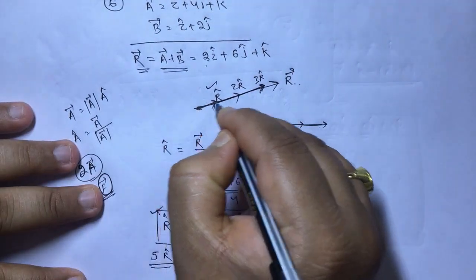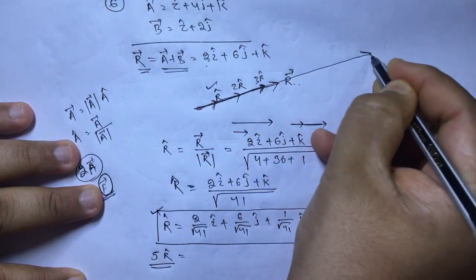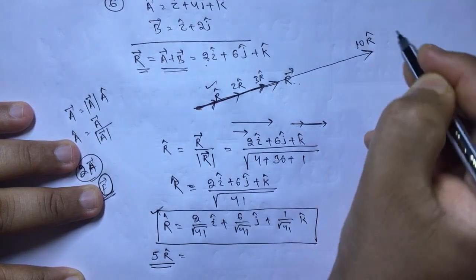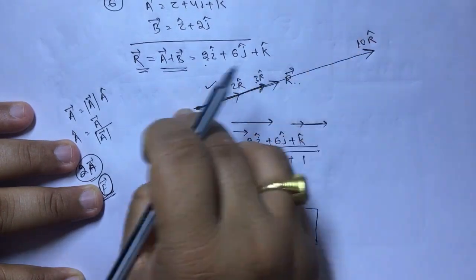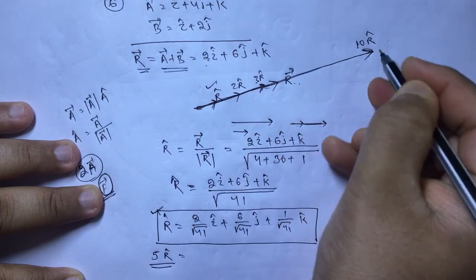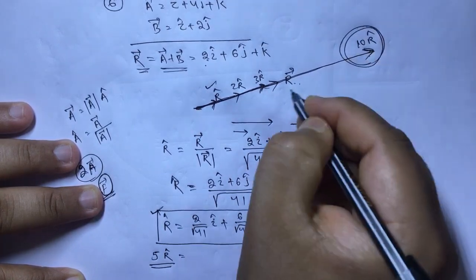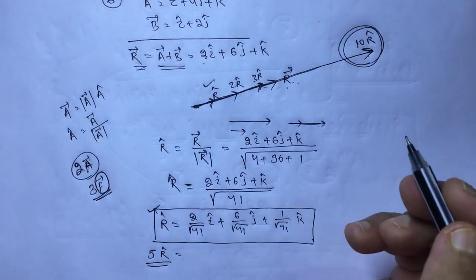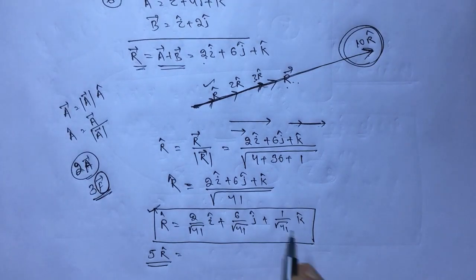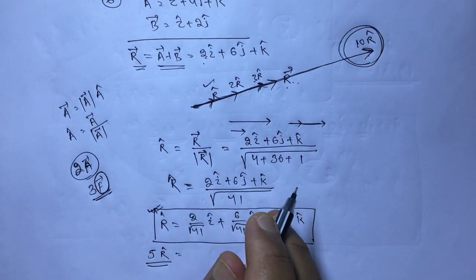If you multiply by 10, this is your 10r cap vector, because r cap will be 10 times, but the direction will be the same, so this 10r cap vector is also parallel to r vector. So r cap is parallel to r vector.